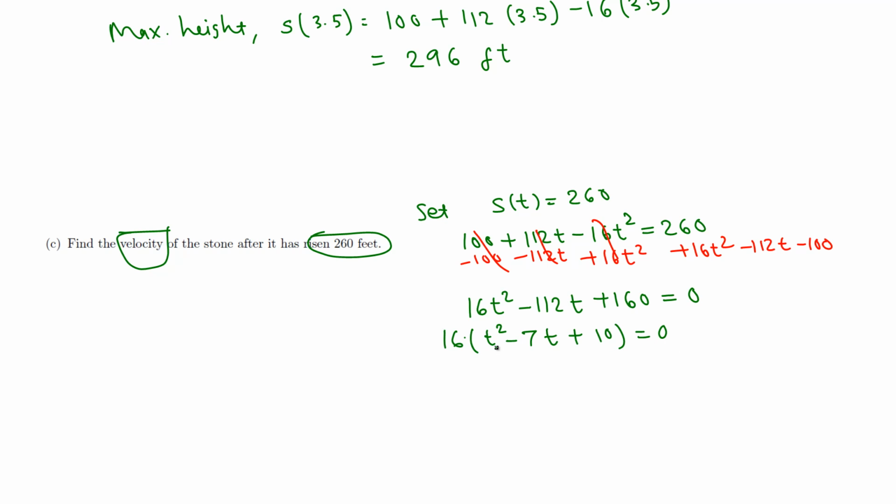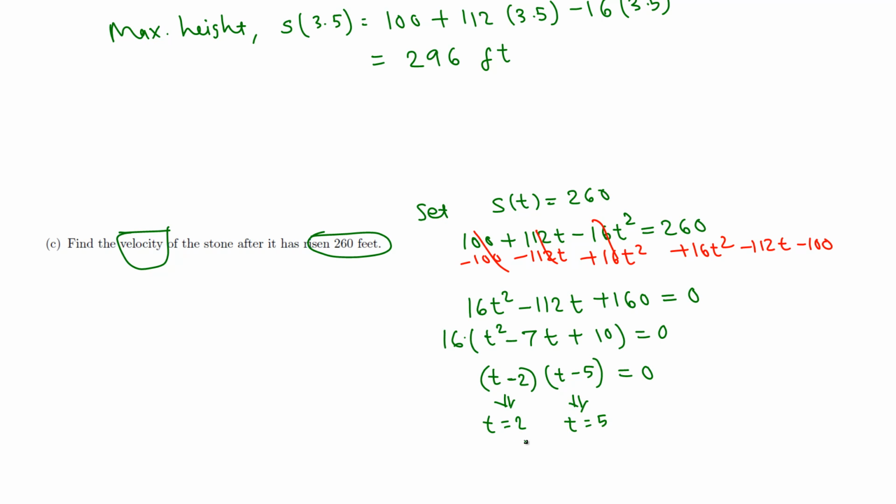Now let's factor t squared minus 7t plus 10. This is a trinomial, so it factors as a product of two binomials. The factors of 10 are 2 times 5, and both must be negative, since negative 2 and negative 5 make negative 7. So t equals 2 and t equals 5.